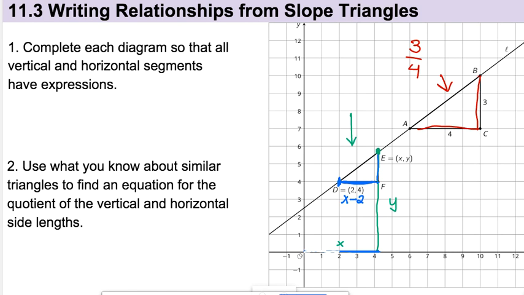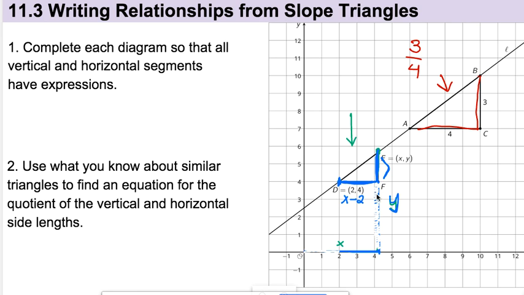Okay. So now for this distance right here, I'm going to take Y units. So from the X axis all the way up is Y units, right? But I'm going to take out this chunk right here. How many units am I erasing?